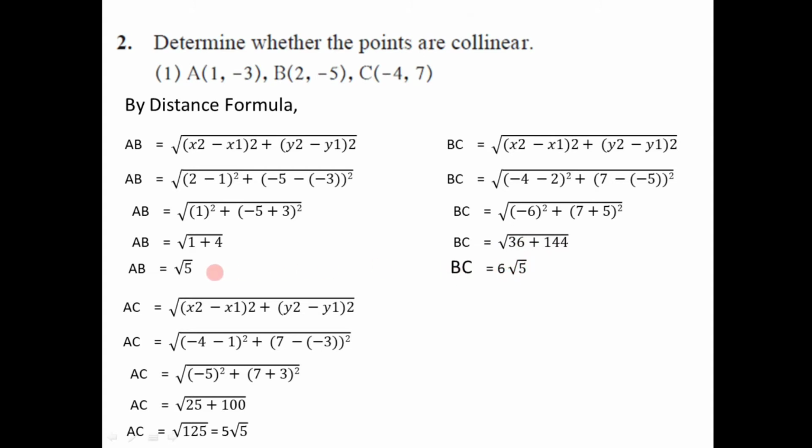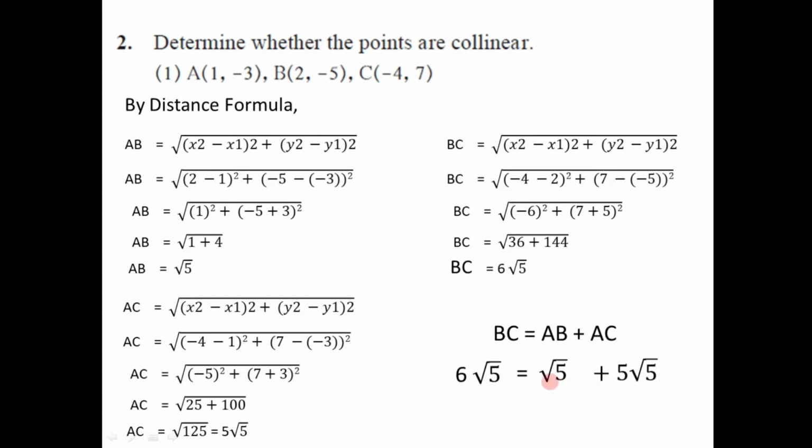Now as we have all the three distances, or the lengths of all the three segments AB, AC and BC, we can have the relation between these three segments. That is, we have here BC is equal to AB plus AC, as BC is 6 root 5, AB is root 5 and AC is 5 root 5.